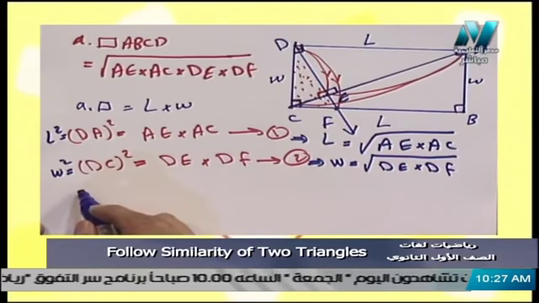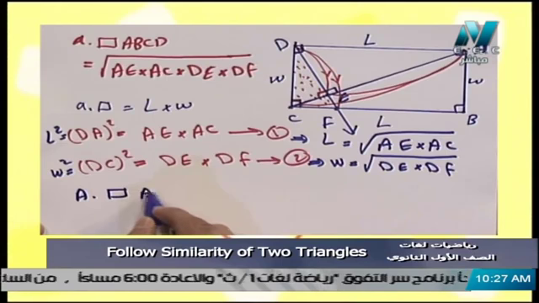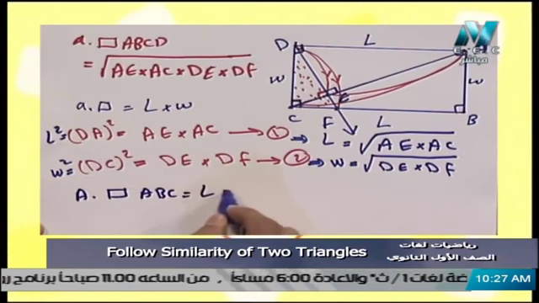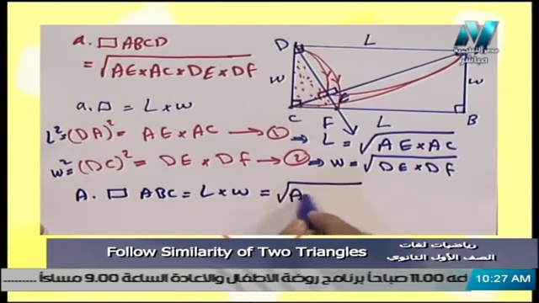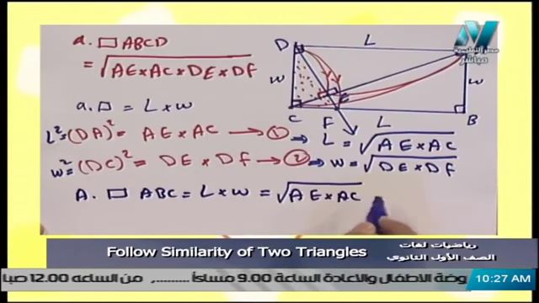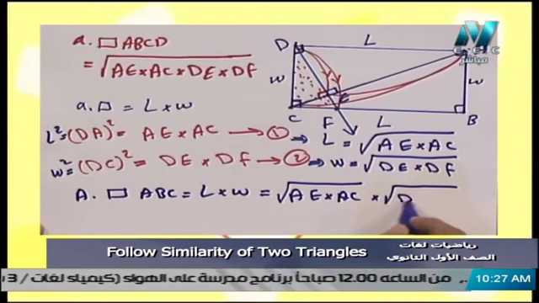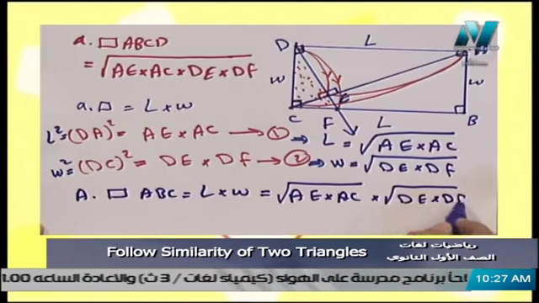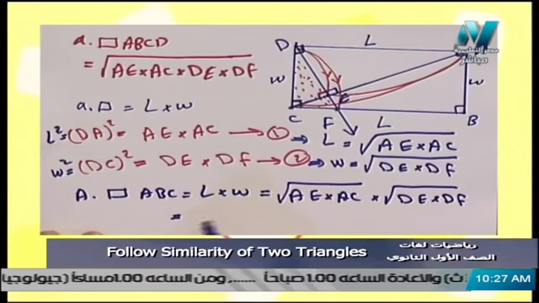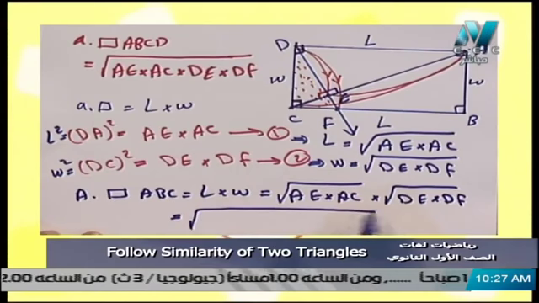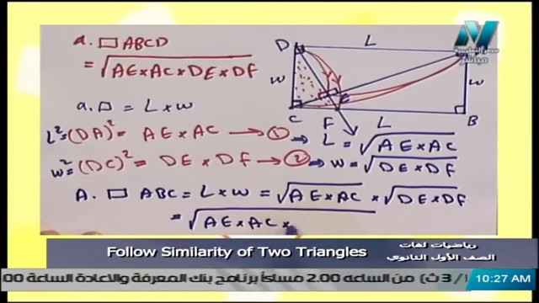So the area of rectangle ABCD equals length multiplied by width, which is the square root of AE multiplied by AC, times the other square root, which is DE times DF.